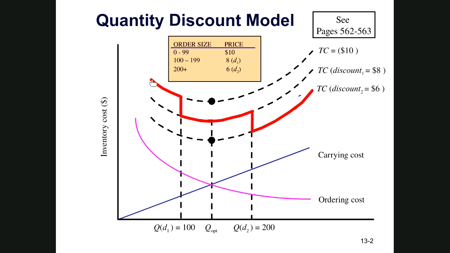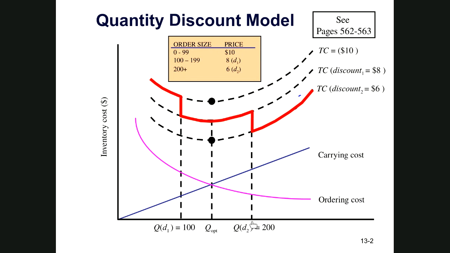And so that gives the solid red line that's our total cost curve. And then for the items that we order between 100 and 200, we would then be on this portion of the total cost curve, that corresponds to $8 for the number of items between 100 and 200.